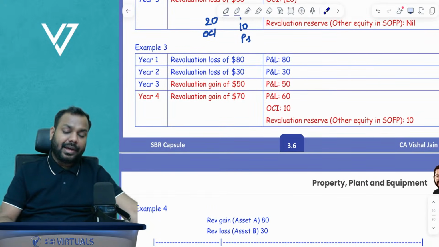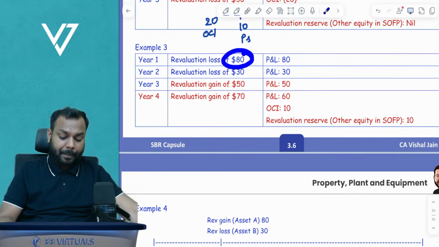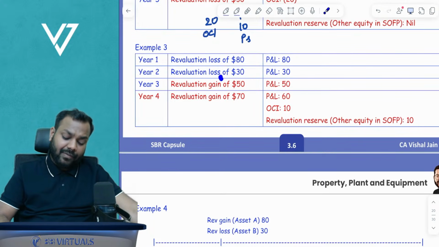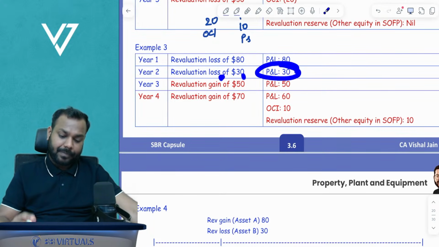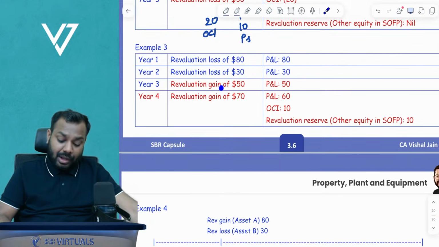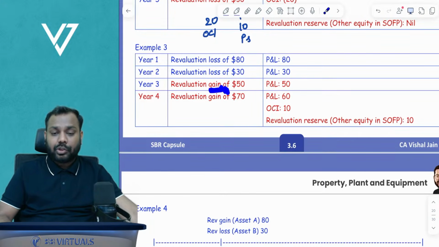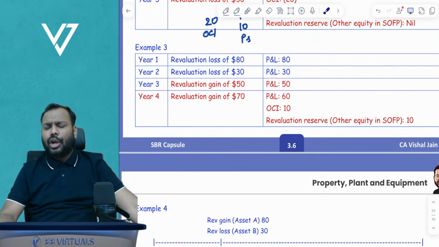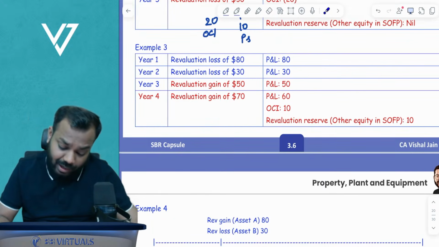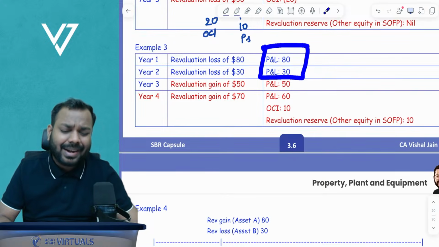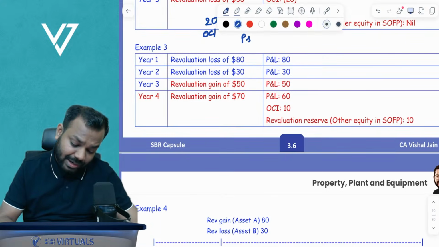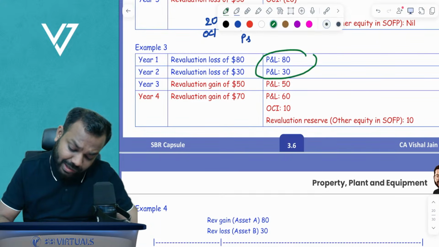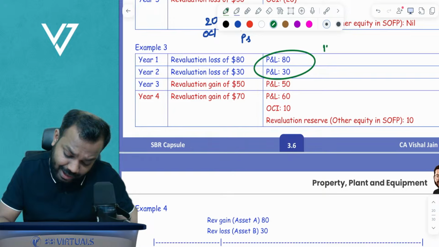First time we did revaluation loss, P and L. Second time we did revaluation loss, P and L. Third time we did revaluation gain of 50. So what is the treatment of this? First of all, tell me what is the cumulative loss recognized in P and L? 80 plus 30, 110. Please understand, guys, total loss recognized in P and L is 110.